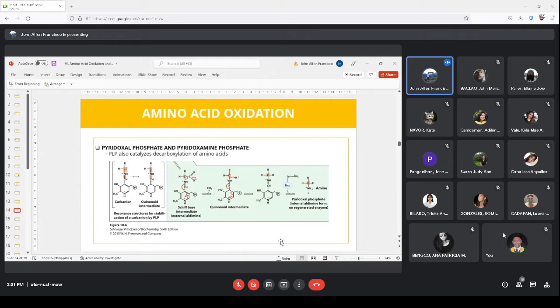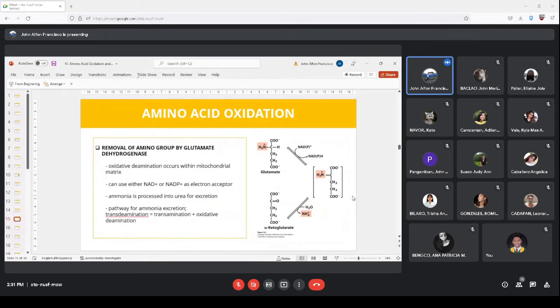As we have mentioned earlier, you can either aminate or decarboxylate your amino acid. Now you have an amine. Okay? So PLP can help us in three specific pathways, depende dun sa need ng body at kung ano yung kailangan na pathway na susunod.